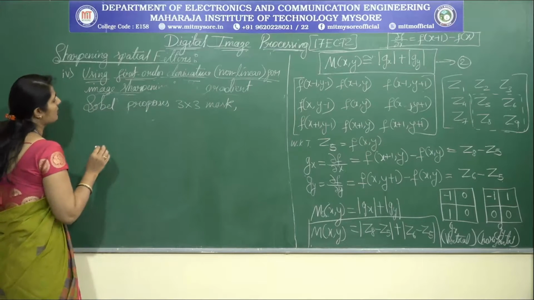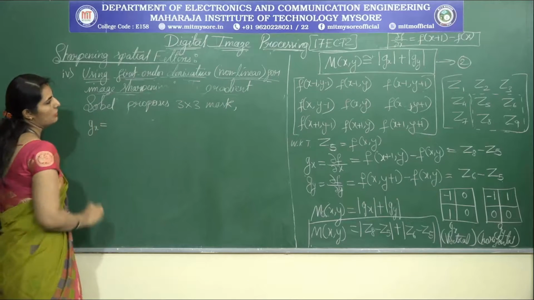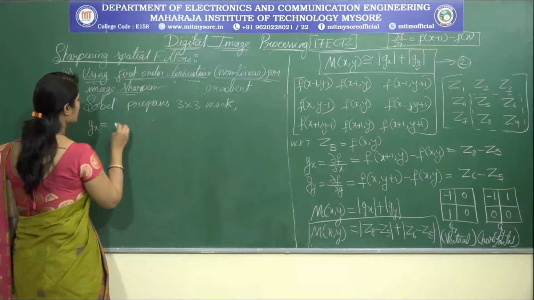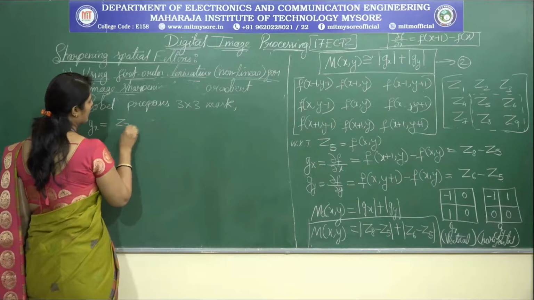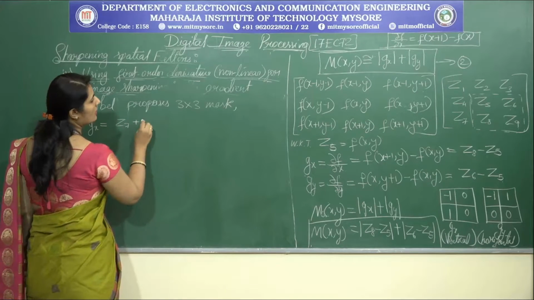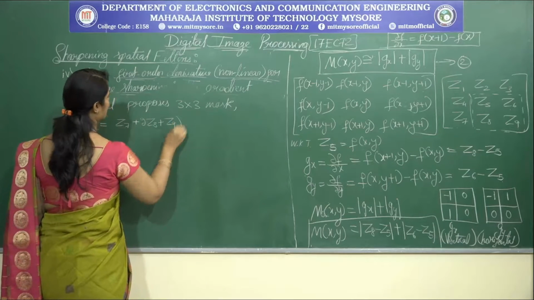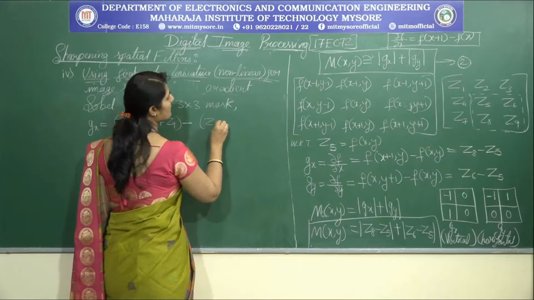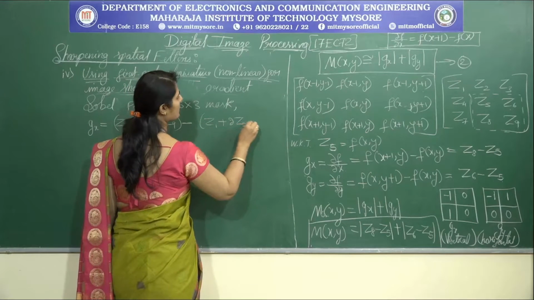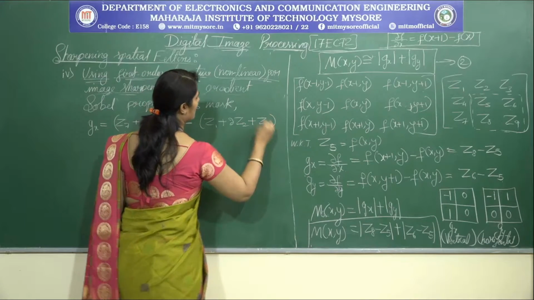Okay. So here gx is equal to z7 plus 2 times z8 plus z9 minus z1 plus 2 times z2 plus z3, okay.